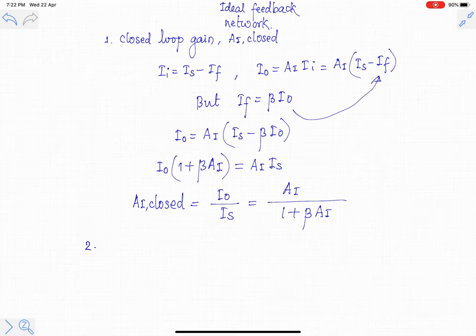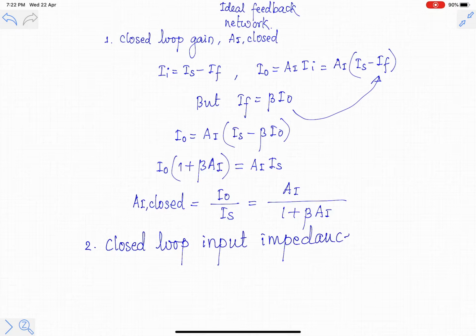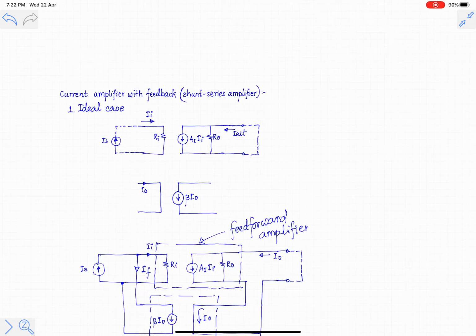The second parameter to be obtained is the closed loop input impedance, which we show by R in closed. Now without loading effect, you can observe that R in open is equal to Ri. It is very clear from the figure, and R out open is equal to Ro.